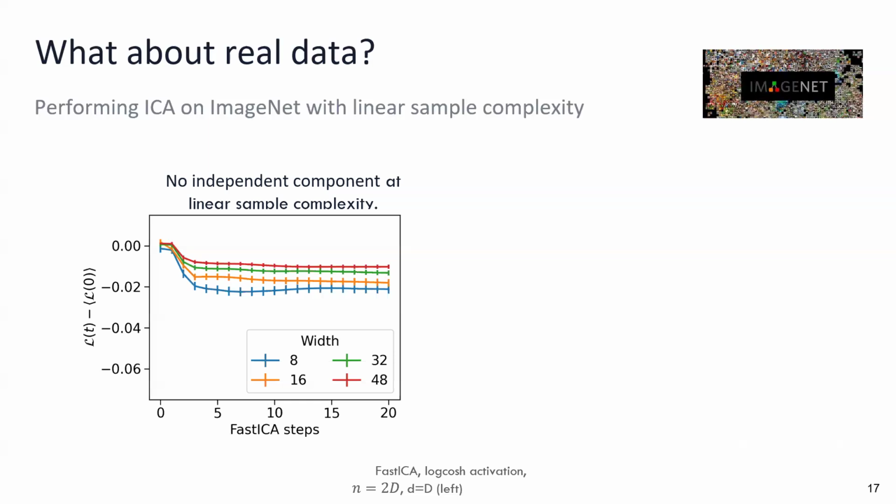Well, we would like to go low. We would like to reach the minimum of the loss. So basically, we are not learning here at all, which is what we expect. I showed that at linear sample complexity, we couldn't learn only for the theoretical data. But this is also a confirmation that also for real world data, we don't learn.